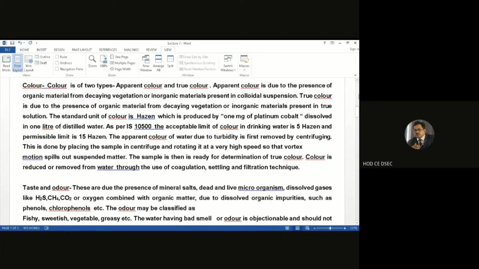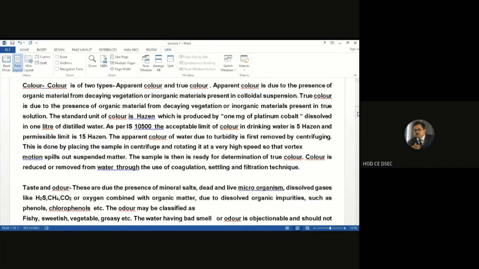In apparent color you can remove the suspended matter by placing it in a centrifuge, and by vortex motion, by centrifugal force, the suspended matter creating the apparent color is expelled from the aqueous solution, and it becomes a true color. So that temporary color can be removed.